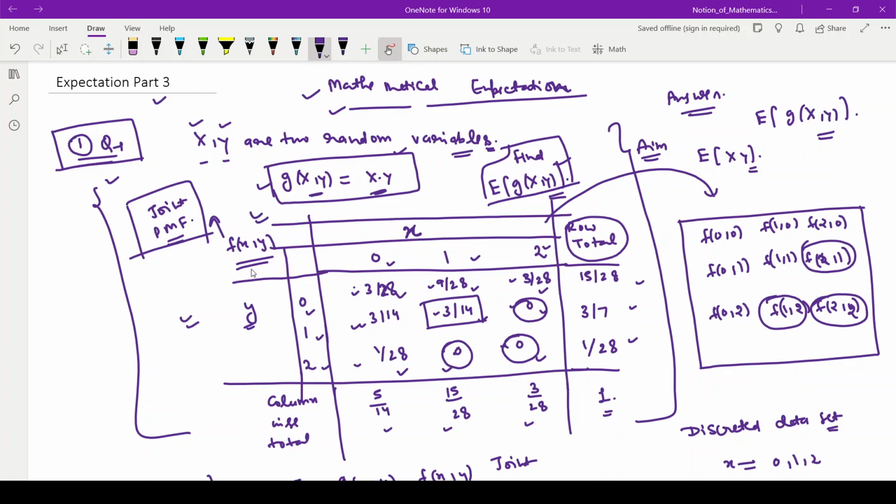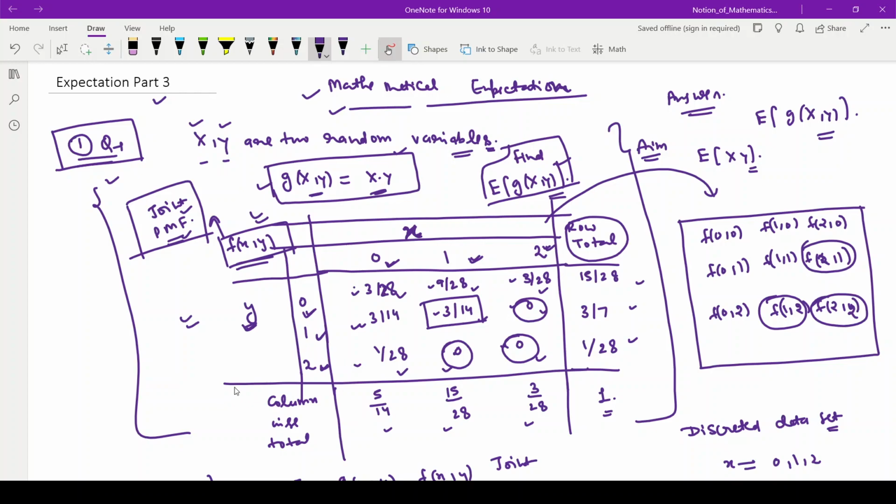One table is also provided in this question, which is representing the values of f(x,y). This f(x,y) is representing the joint probability mass function. If we see here, x is having three values 0, 1 and 2, a countable number of values. Y is also having three values 0, 1 and 2.